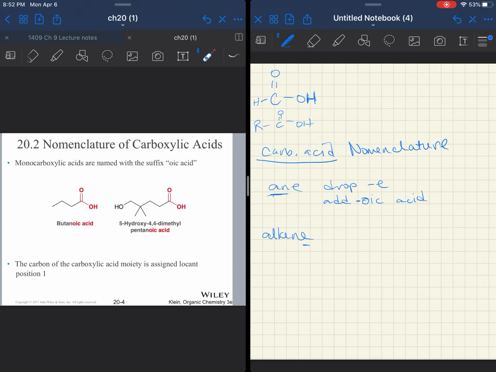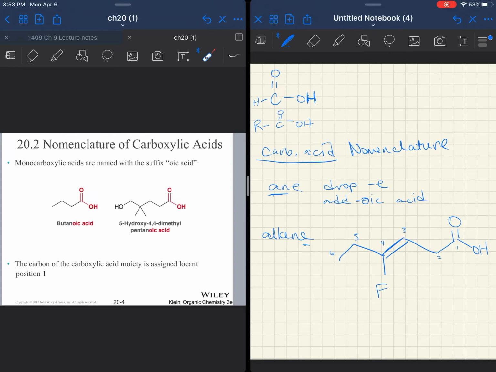Before we move on from that, I do want to address that you could see an alkene. If we had an alkene, you're still just going to drop the E and add oic acid. So let's say we had something like this guy. Put a fluorine in there. Why not? OH. Now in this scenario, we have 1, 2, 3, 4, 5, 6.